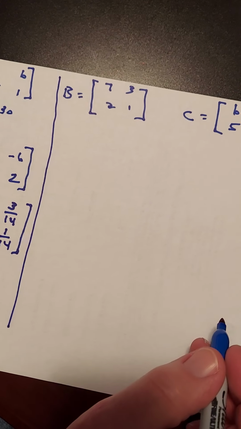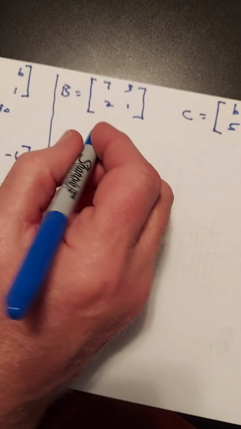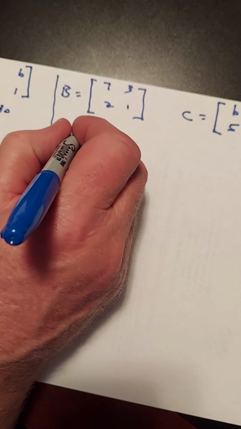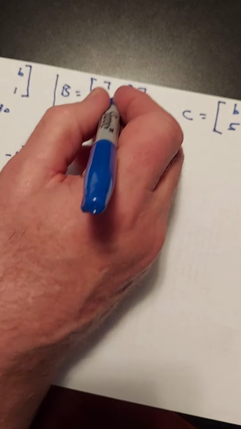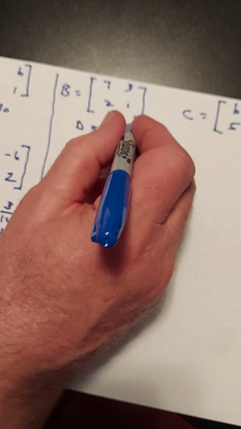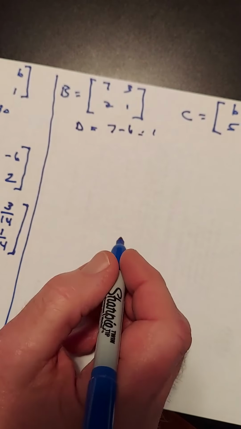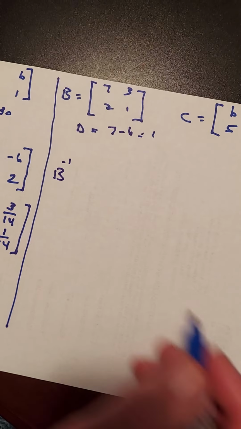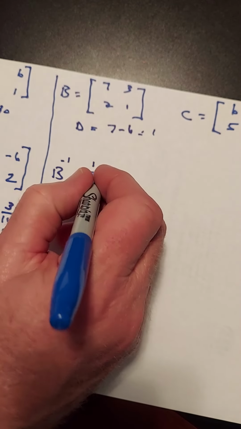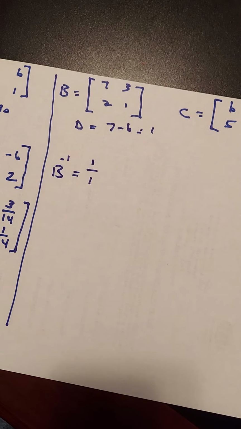Okay, let's go to the next one here. The first thing you're going to find is D. D is going to be 7 times 1, which is 7, minus 2 times 3, which is 6. So 7 minus 6 is equal to 1. So that means the inverse of B will be equal to 1 over 1. So that doesn't change anything.